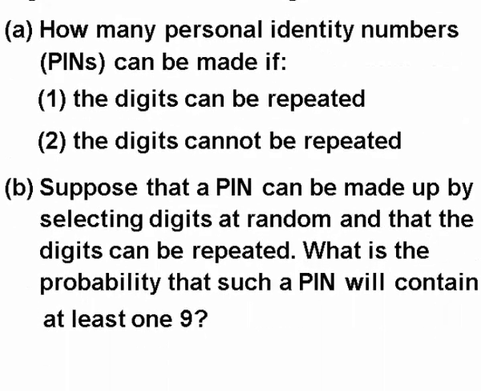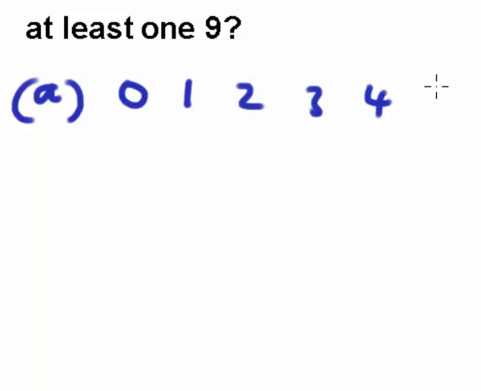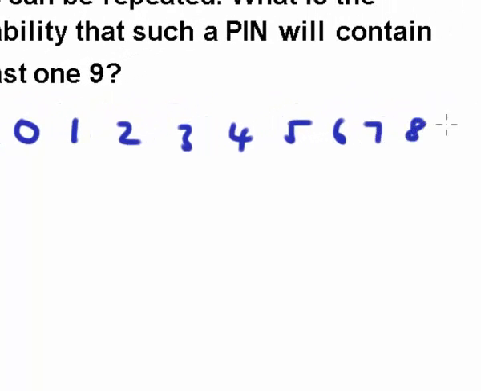Okay, so let's have a look at that first. Number A there. Here we go. Well, here are our digits 0, 1, 2, 3, 4, 5, 6, 7, 8, and 9. Now look at that. There's a total of 10 digits there. 1, 2, 3, 4, 5, 6, 7, 8, 9 plus the 0 gives you 10.